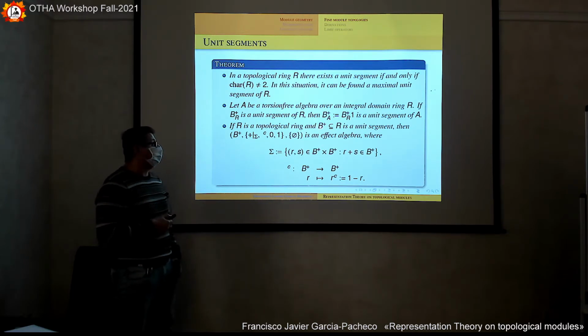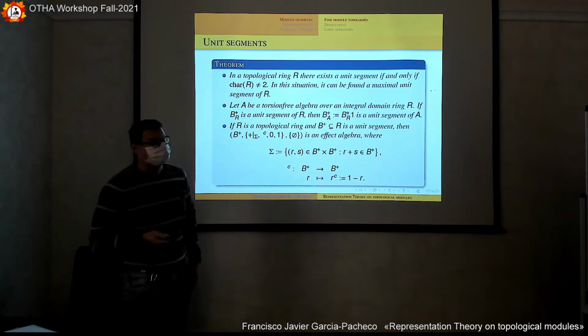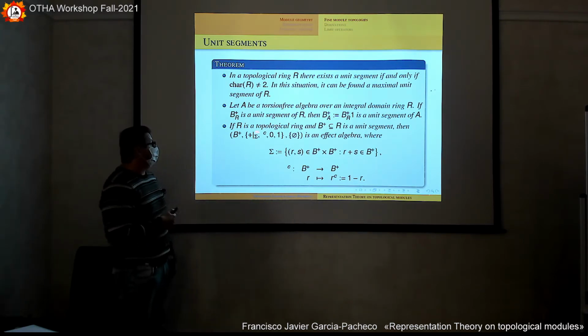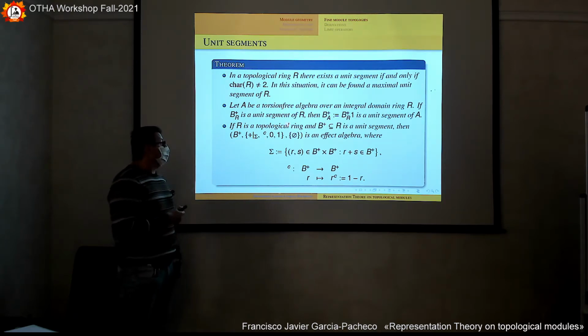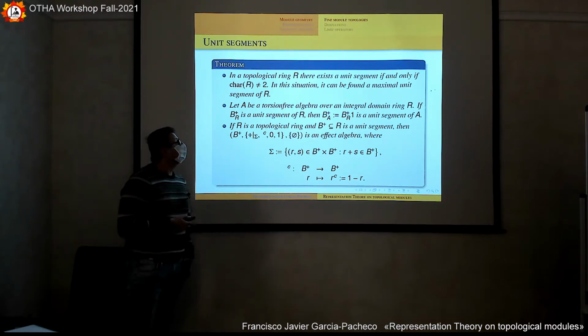If R is a topological ring and you have a unit segment, then if you consider this subset of the direct product, of elements such that their summation is in B plus, then the addition restricted to this subset makes the addition a partially defined binary operation. With this structure and with this complementation, this becomes an effect algebra. Okay.